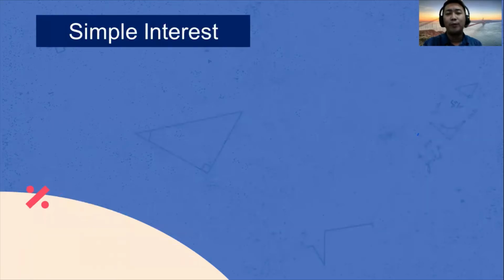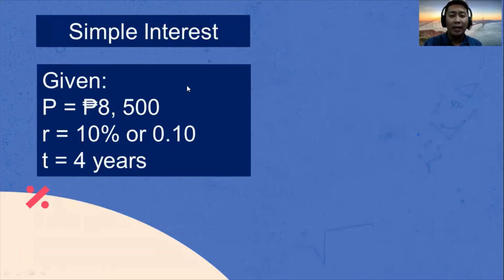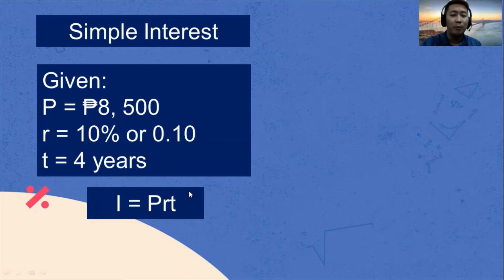Let's now try to solve simple interest. Here are the given. For the principal amount, it is 8,500 pesos. Rate of interest is 10% or 0.10. And the time is 4 years. Formula, interest is equal to the principal amount multiplied by rate multiplied by time.